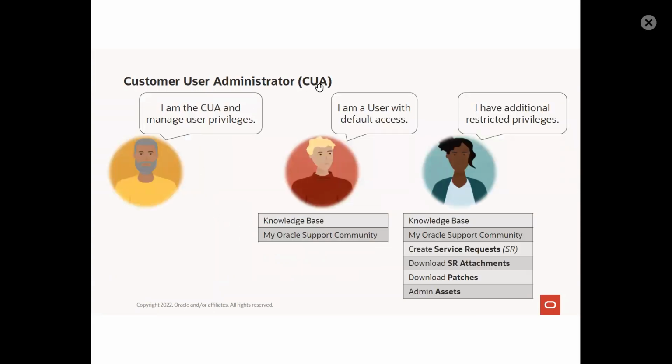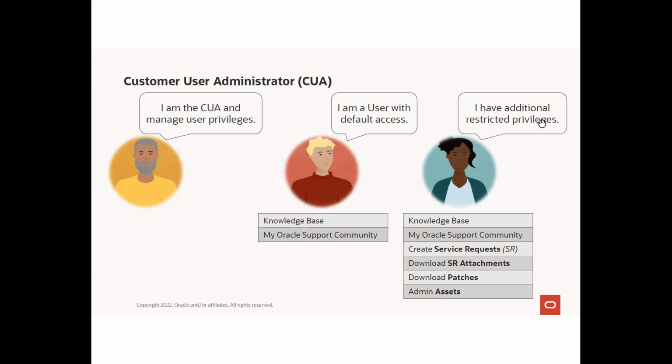So this describes the customer user administrator. So the CUA manages the user privileges, and a normal user just has a default access. So when your request is approved, you first become a normal user, which means you have access to knowledge base and My Oracle Support Community.